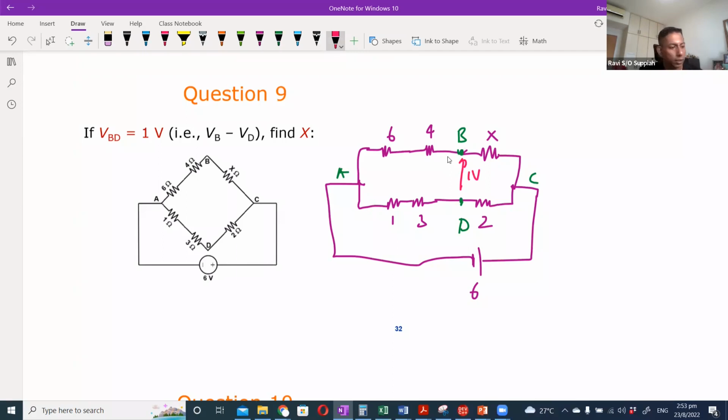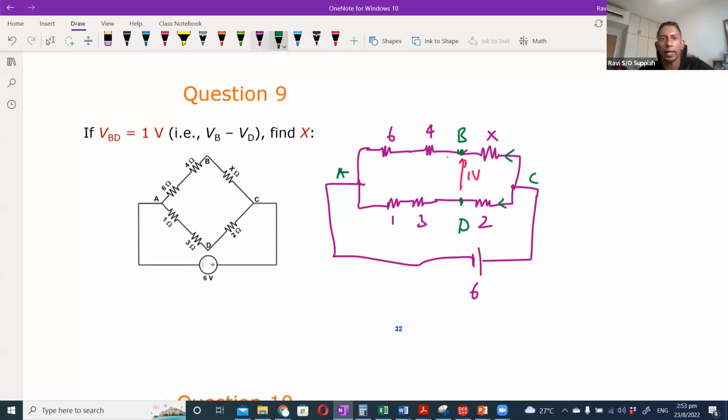The first thing is we can see that both these branches are parallel, correct? This branch over here and this branch are both parallel, and they're both parallel to the 6 volt. That means the same 6 volts appears across the lower 3 resistors and across the upper 3 resistors.